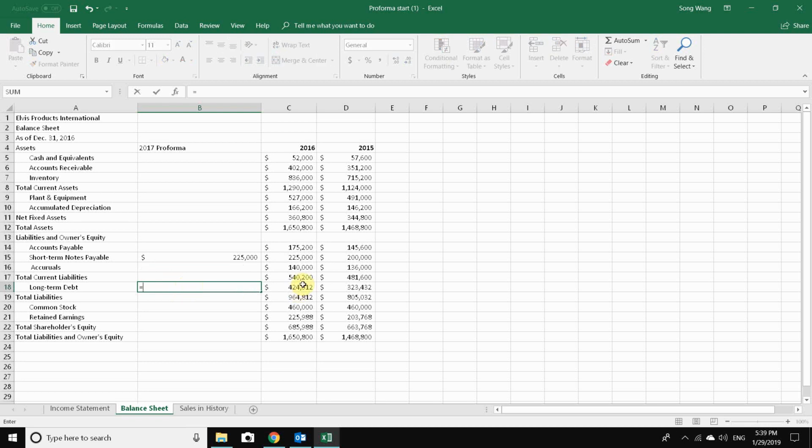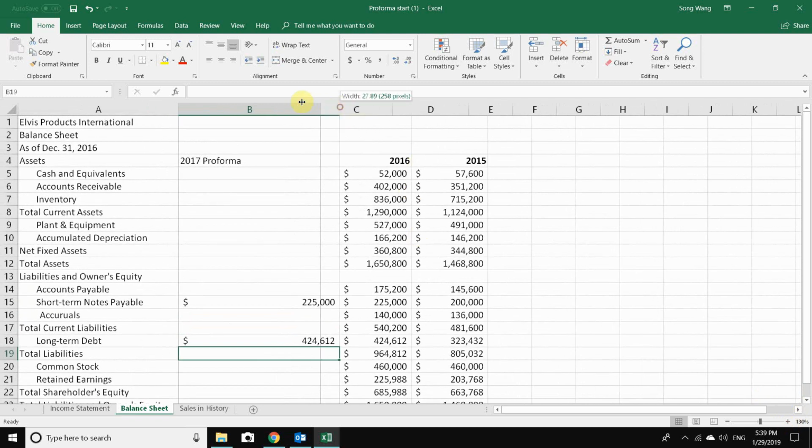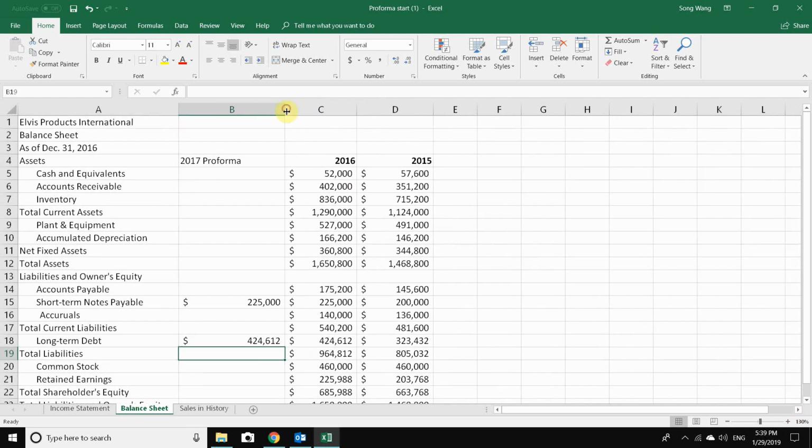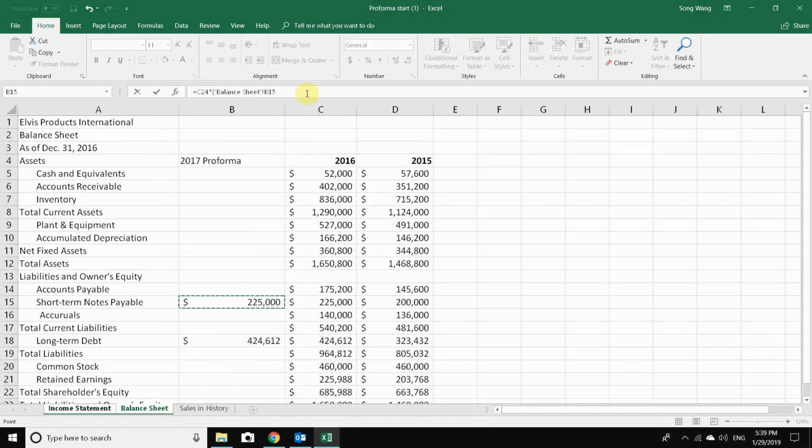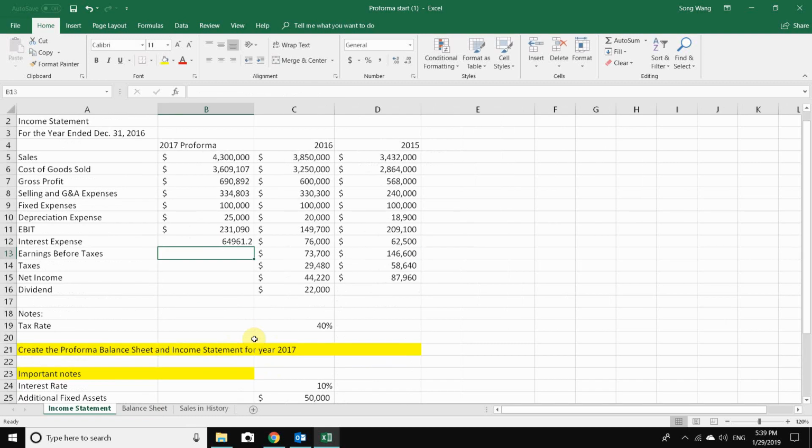Okay, let me zoom in a little bit. All right, so for my interest expense, it is the interest rate of 10% times the amount of debt, which is the short term plus the long term. Okay, so that's my interest expense.